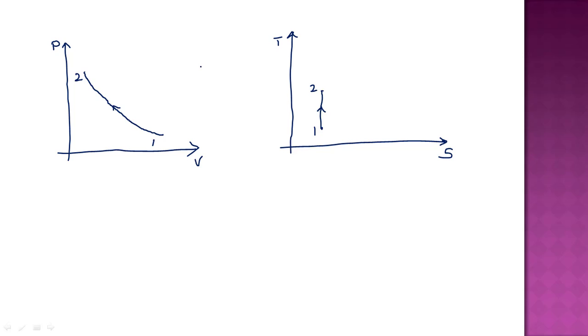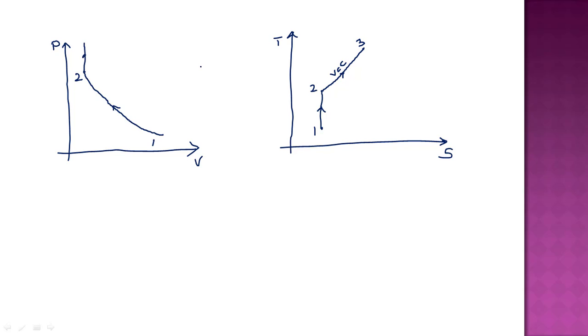Then process 2 to 3 is constant volume heat addition. So constant volume heat addition is represented in the TS diagram like this. So here the temperature is increasing when volume is kept constant, and as the temperature increases, pressure also increases. So we will get a vertical line in the PV diagram.